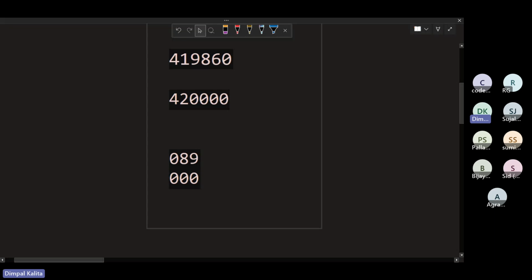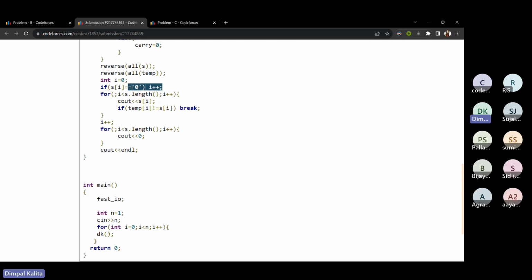Like if I get something like 040, this 0 is not changing now, but I don't have to output that 0, so I am incrementing i.